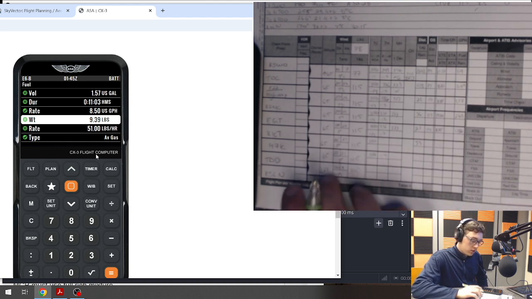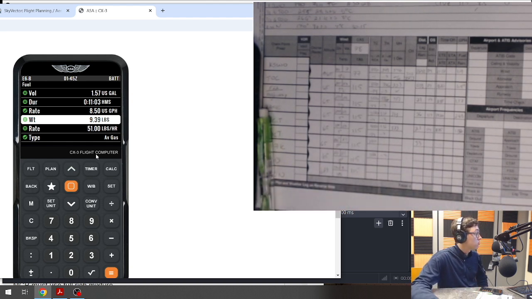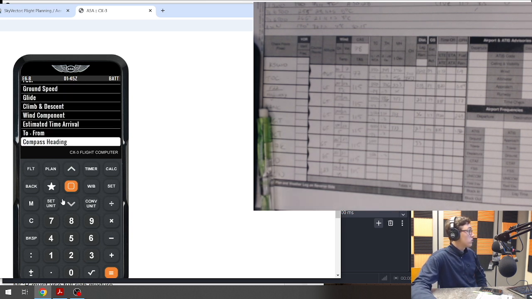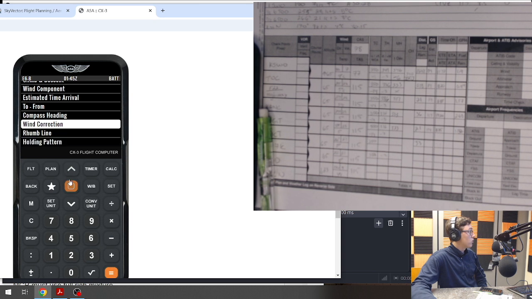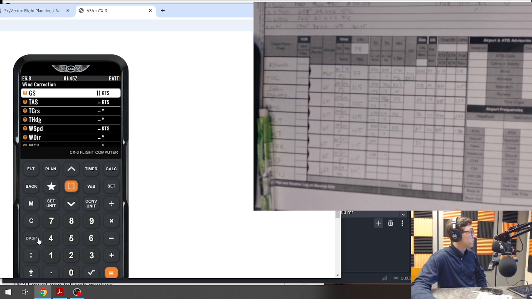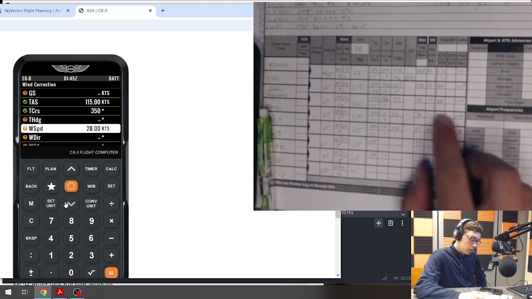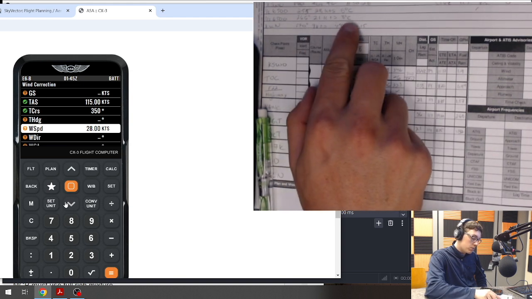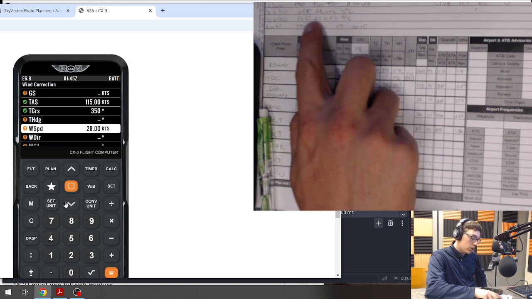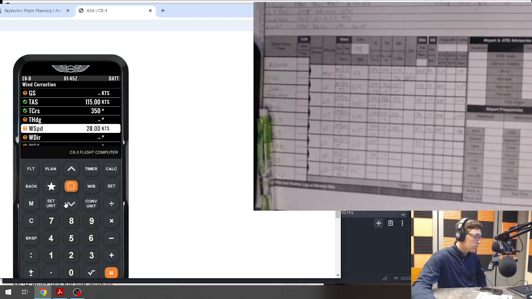And then for this one, please note that your wind speed and direction slightly changes. Not a big issue. We'll just go right down here. Go to wind correction. True speed, 115. True course is still going to stay the same. Wind speed, although looking over here, is going to be 266, so 21 knots at 266.